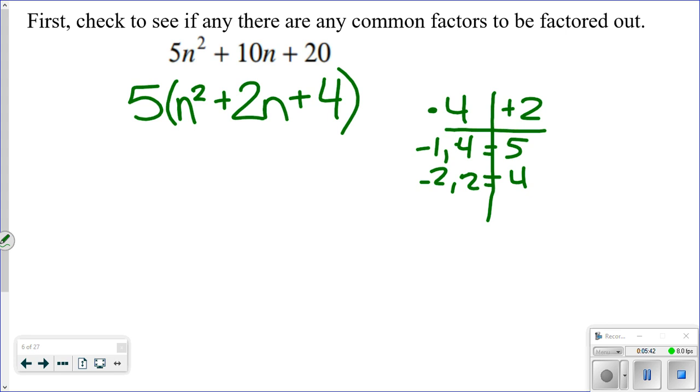If we make them negative, we get -5 and -4. So this question is from the book, okay, because the book likes to trick us sometimes, and this cannot be factored any further. So we are done here, which I think that I took those questions out last week. But this can't be factored any further.